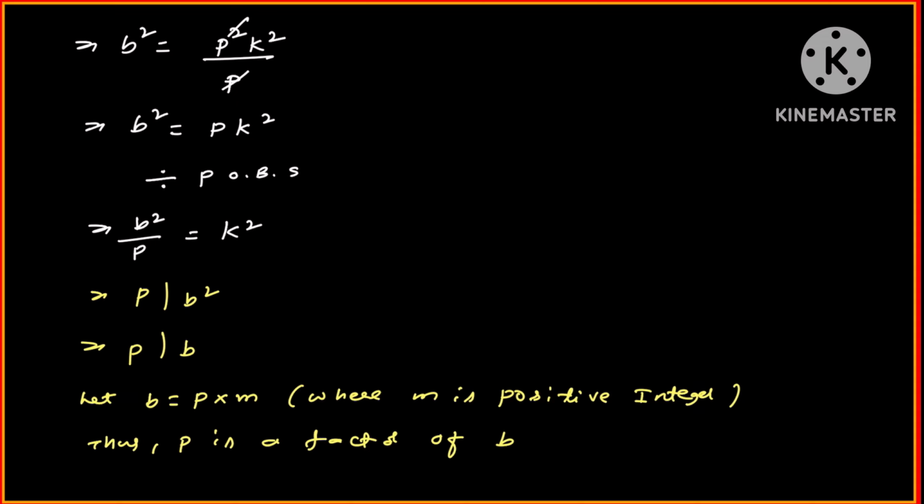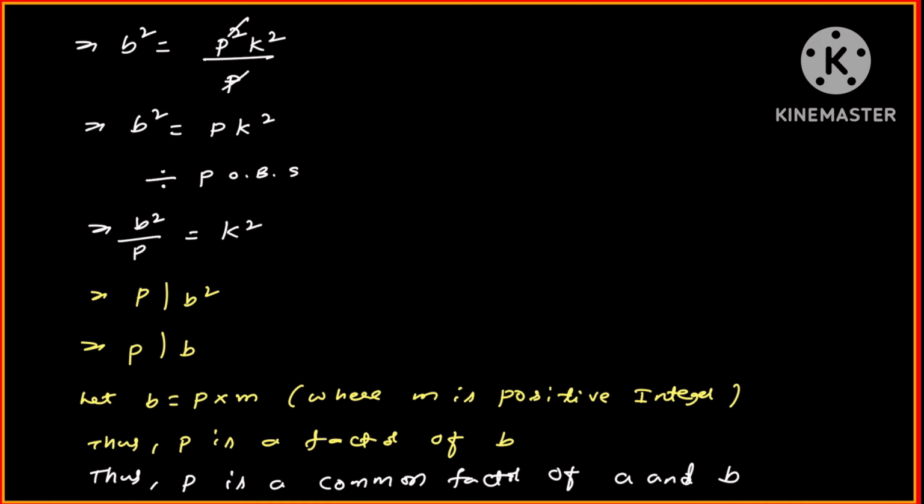Thus p is a common factor of a and b. But this contradicts the fact that a and b have no common factor other than 1.